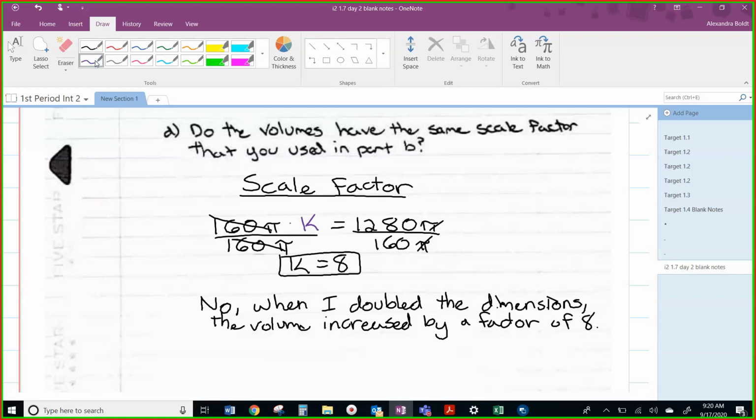Right? So these things are not the same. When I double my dimensions, my volume increased by a factor of 8. So doubling your dimensions does not double your volume. Okay, it actually does way more than that, right?